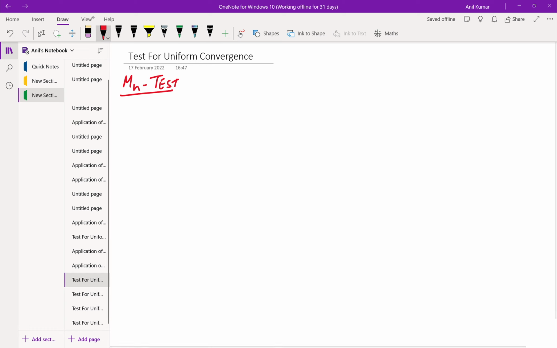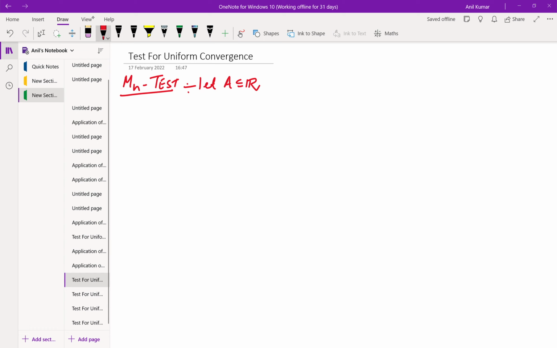It says, let A be a subset of real numbers. This R is the notation for the set of real numbers.